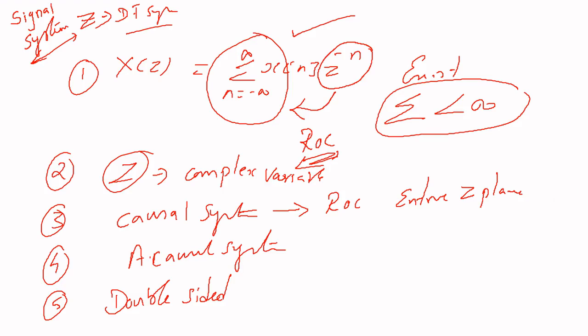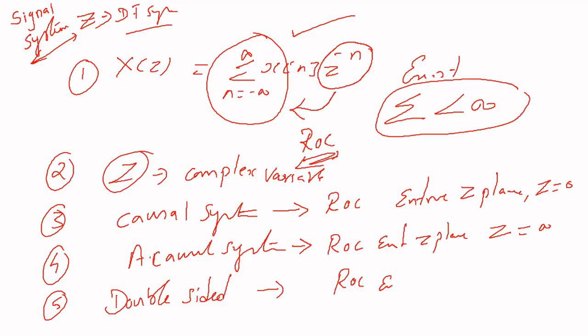Let me rub this. Except at Z equal to 0. Anti-causal system, ROC is the entire Z plane except Z equal to infinite. Double-sided sequence, ROC again is the entire Z plane except at Z equal to 0 and Z equal to infinite.